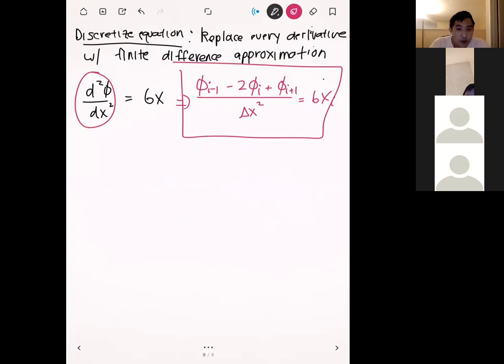And so now that we've discretized our equation, let's go ahead and mash this up to our grid. And so if we have our grid here, what this equation will allow us to do is solve for phi at each node in our grid.